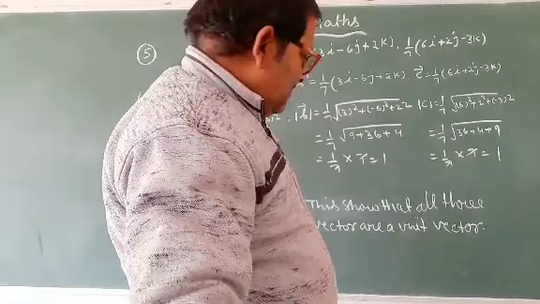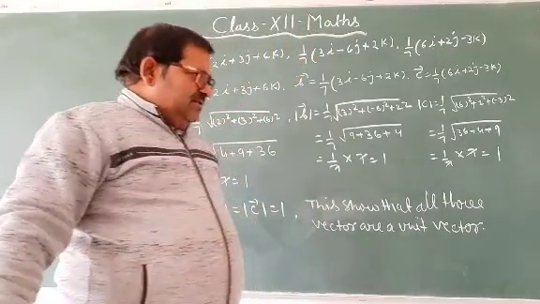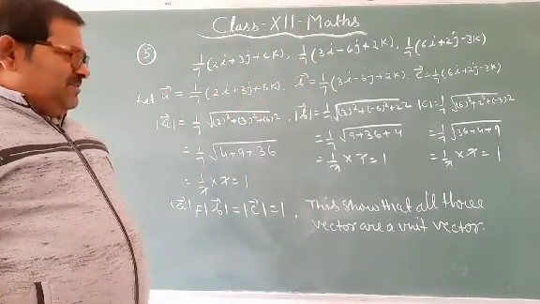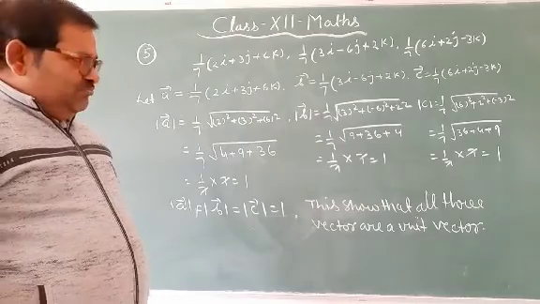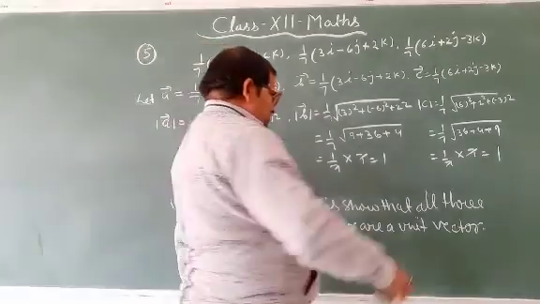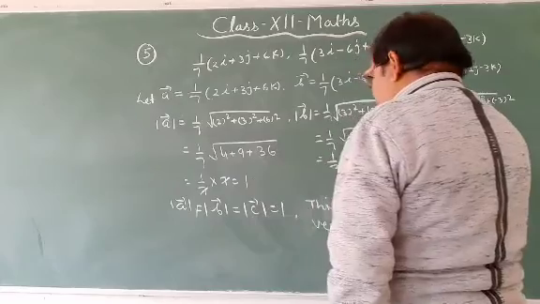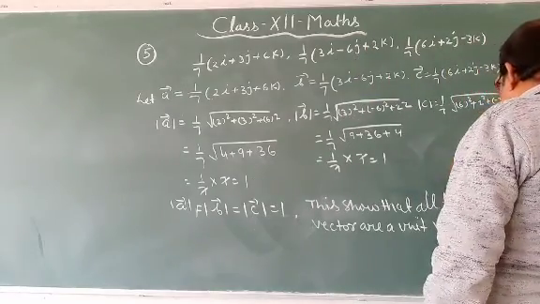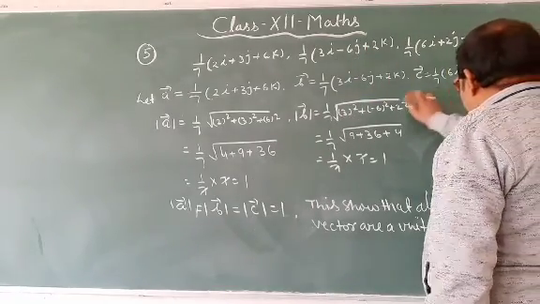Next part, also show that the vector A, vector B and vector C are mutually perpendicular. Then we find the scalar dot product of two vectors.